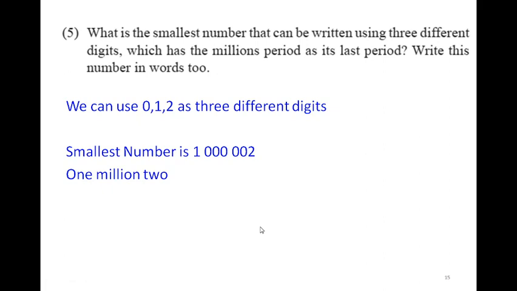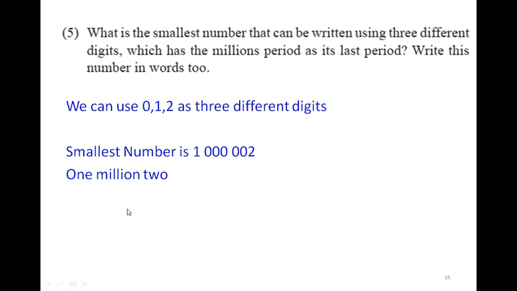Okay, let's look at the fifth question. What is the smallest number that you can write using 3 different digits which has a millions period as its last period? Write this number in words too. You have to use 3 different digits, and the number should be the smallest, and also should have a millions period.